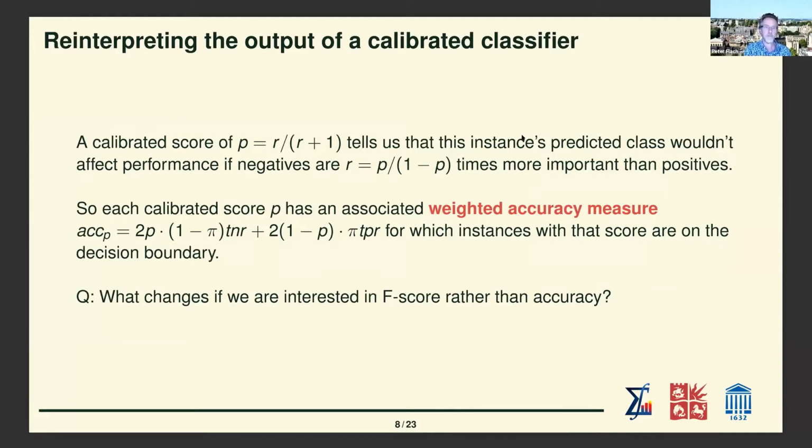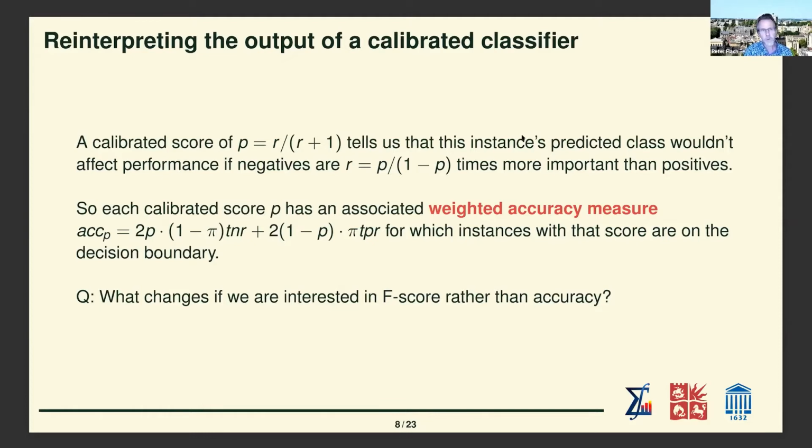So if I have a probability P, that corresponds to an odds or a ratio with those formulas. An odds can be obtained by R equals P divided by 1 minus P, and the reverse conversion is given by, if I have a ratio R, then I take R divided by R plus 1, and I get the probability.